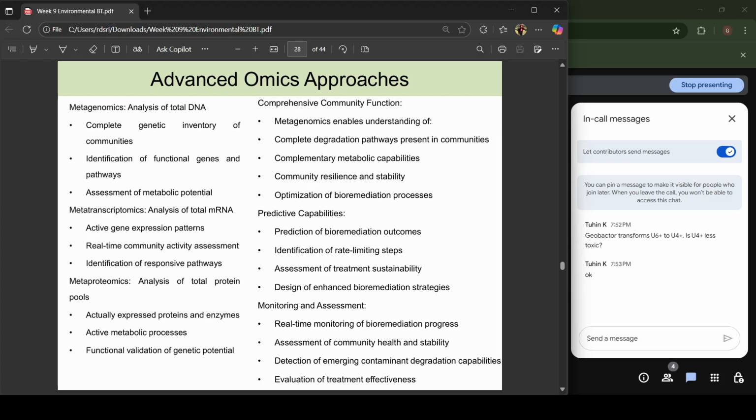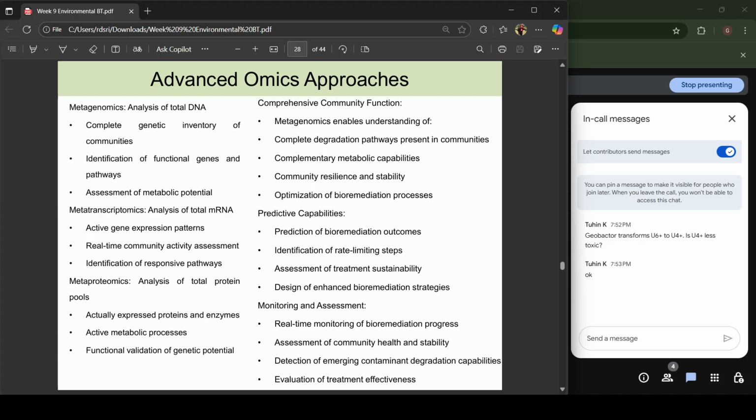Why? Because the omics approaches are again high throughput. We have more data. We can use modeling approaches to predict the bioremediation outcomes, and we can identify the rate limiting steps and try to sort out the rate limiting factors. Like in case of anaerobic digestion, either the first step of hydrolysis or the last step of methanogenesis can be the rate limiting step.